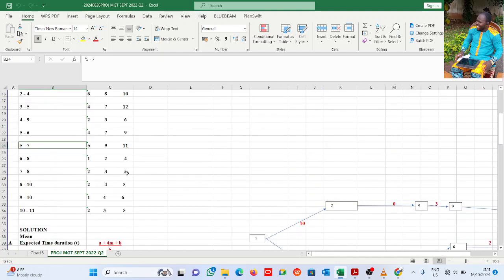Alright, let's go. Now we have activity 6 to 8 and 7 to 8. That is another different arrangement. Activity 8 is depending on 6. The same activity 8 is depending on 7. What does it mean? One successor activity, 8, is depending on 2 predecessor activities.